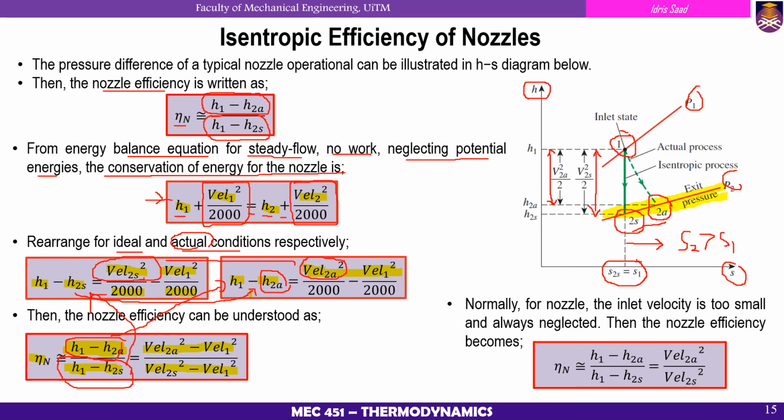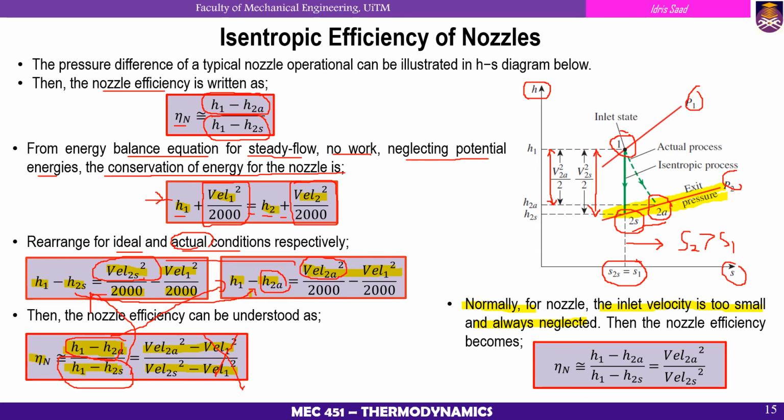However, for the nozzle, normally the inlet velocity is too small and always neglected. So in this equation, we can cancel out the inlet velocity.